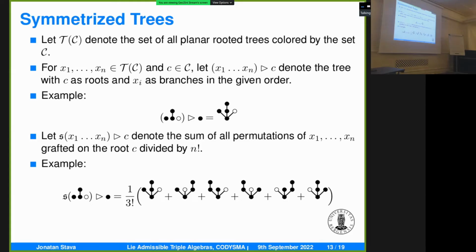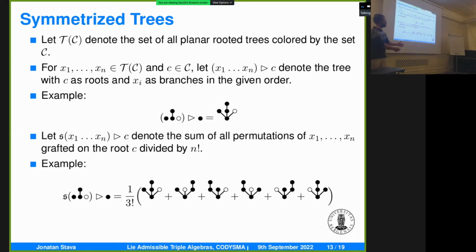But I want to have something slightly more general. One way of representing non-planar trees would be to take a section of the space of all planar trees.